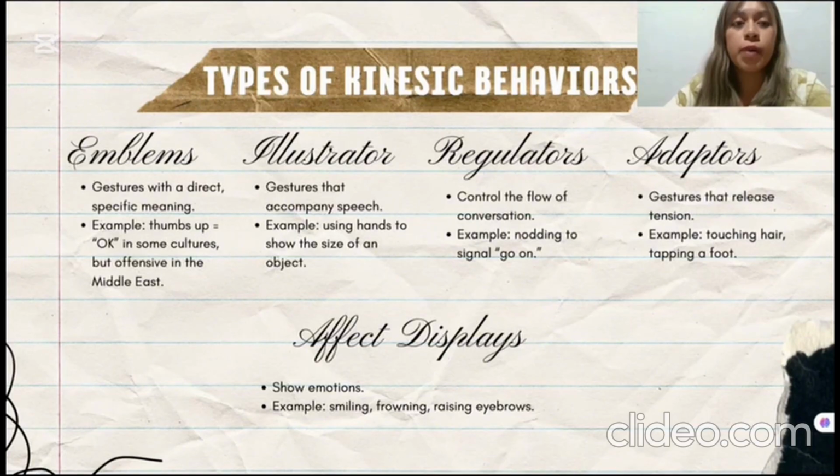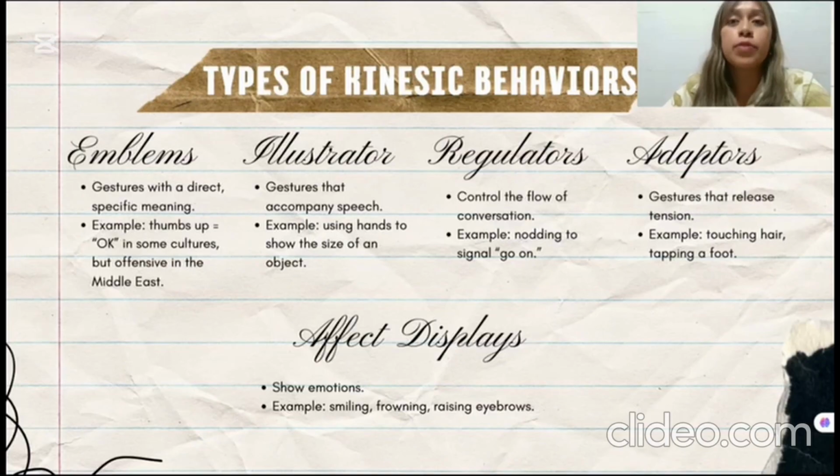The first one is emblems. These are gestures with a specific meaning. For example, the thumbs up sign means okay in many countries or cultures, but in countries like Turkey or Brazil, it can be considered offensive.